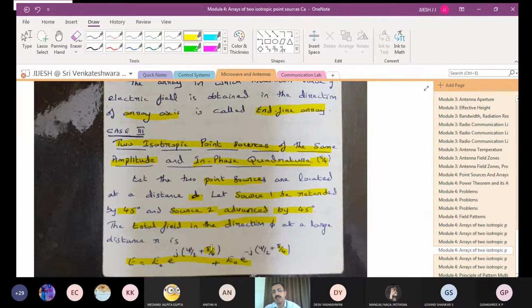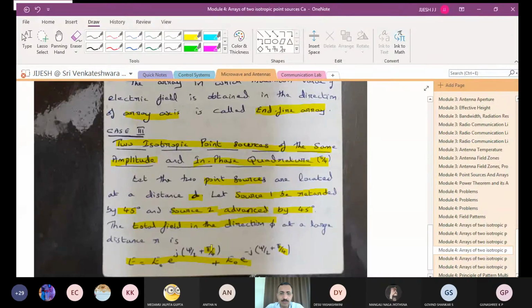Further, we'll be simplifying this equation, making a few assumptions, and then we have to draw the pattern for that. For that you have to find the maxima, minima, and half power points. We are going to do that.